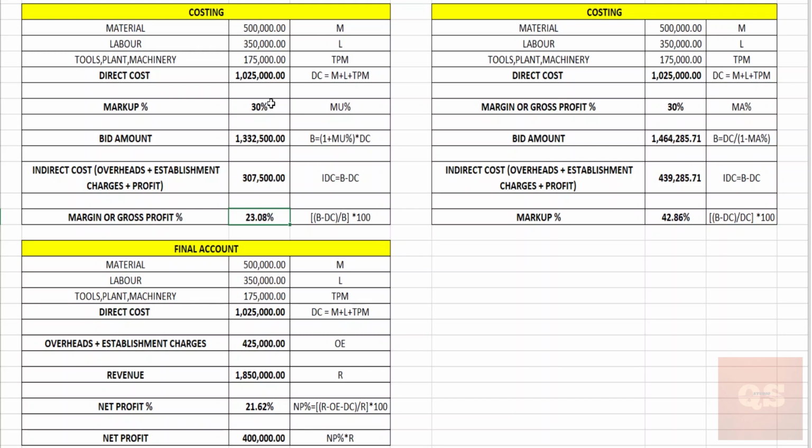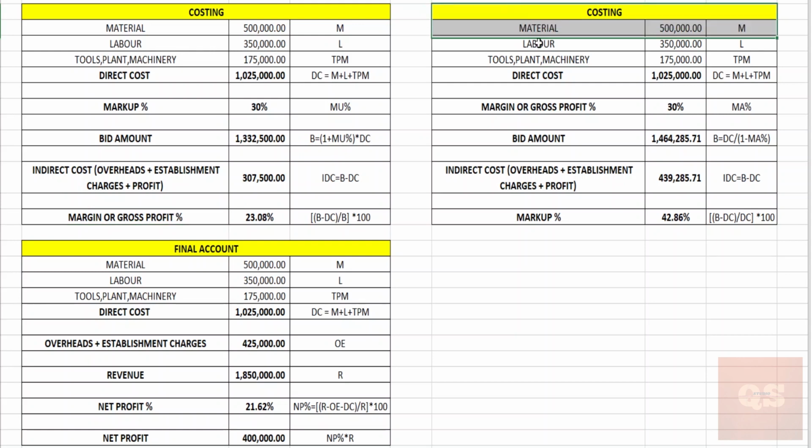So for a markup percentage of 30%, your margin or your gross profit, it is gross profit, not your net profit. The difference you will understand when I explain the last table. So 23.08% is your gross profit. That is your money that you are getting after you have done your expenditure on your direct cost.